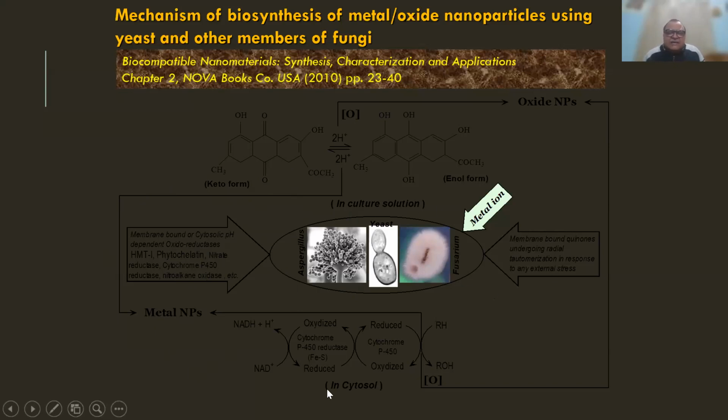These are basically inducing the formation of nanomaterials among fungi. Quinones and phytochelatin, they have metallothionein also of interest, but in plant systems, phytochelatin is the major player. So here it is responding and giving us the nanoparticle.